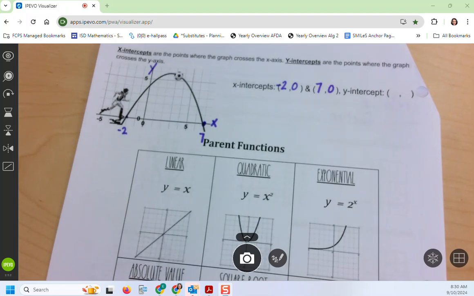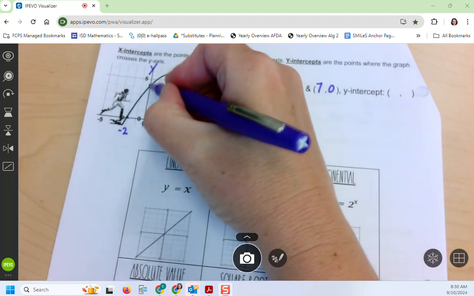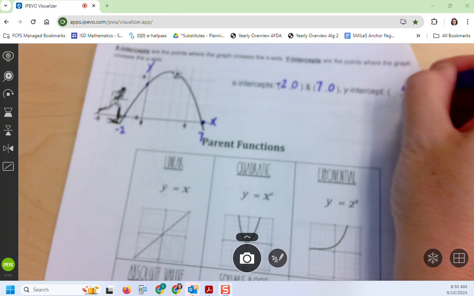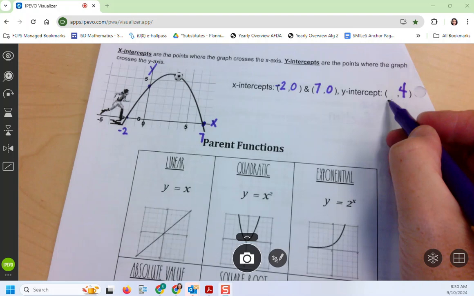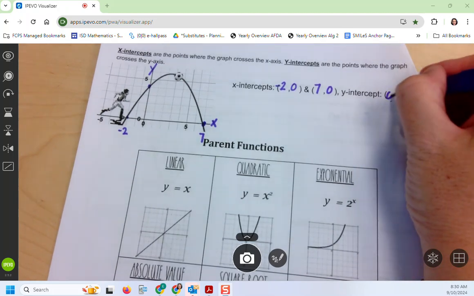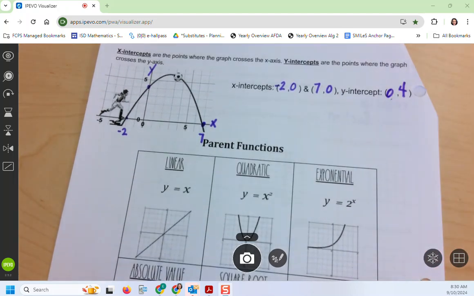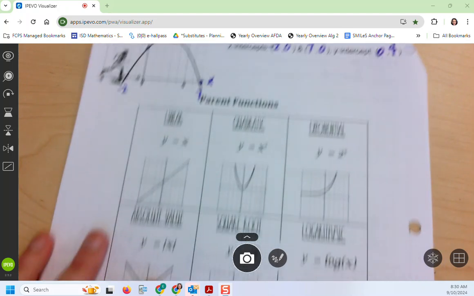Okay, for the y-intercept, it's up here. The y value of the y-intercept is 4. And what is the x value? 0, good.